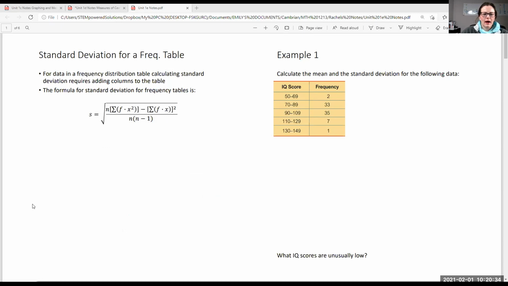How do I do that? I'm going to insert one column, and I'm going to do my x to the power of 2 first. Just hang in there with me. This is a process, and it's going to take some time. But my midpoint is actually the x in this formula, so that's something you need to know.